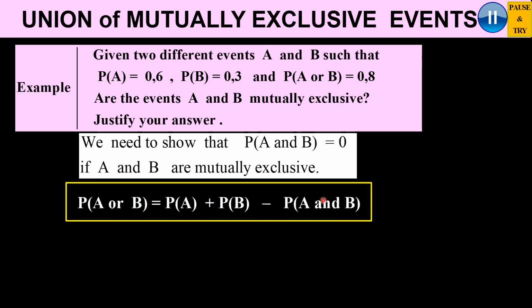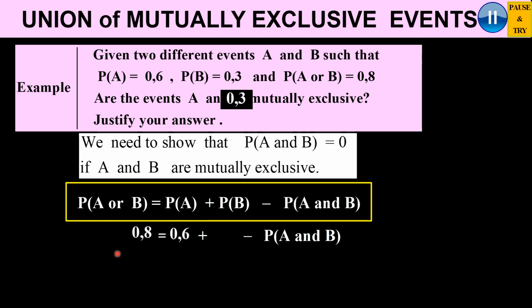We are given the probability of A or B. That is 0,8, and we can insert it there. Probability of A is given, that's 0,6, and we can substitute there.